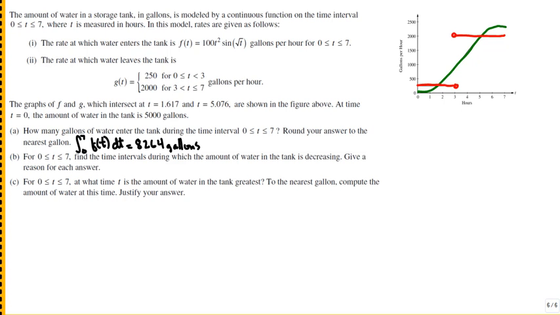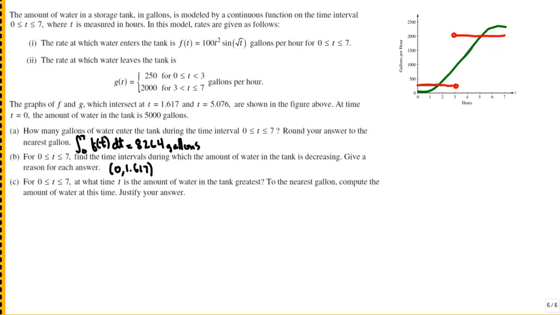So you can see at the very beginning, from time t equals 0 until the graphs intersect, the water will be leaving at a rate greater than the rate it's entering. So the first interval will be from 0 to, and we're given that point, 1.617.